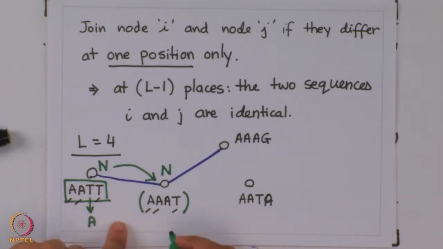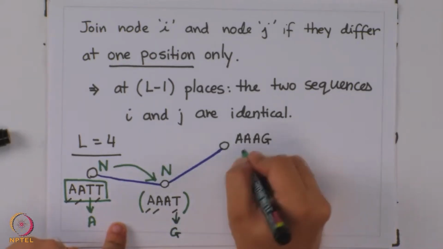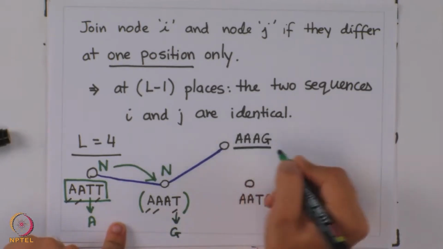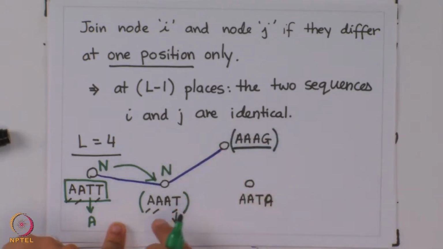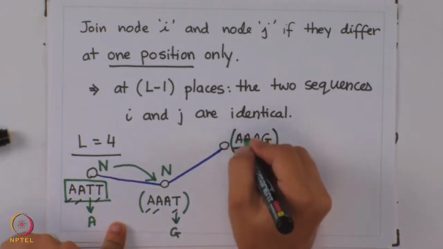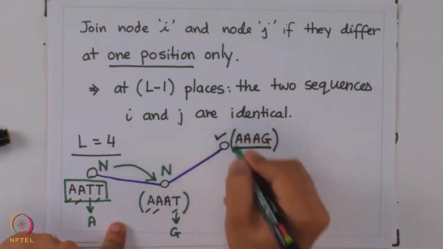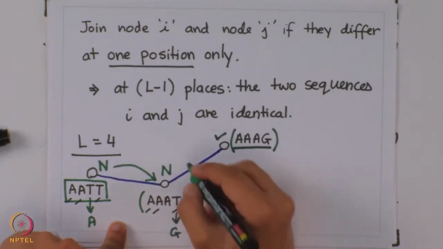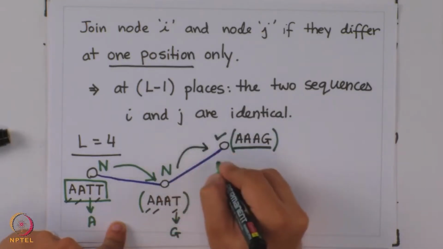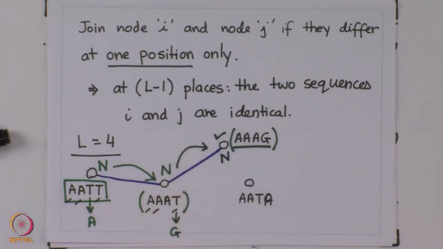But what happens if now this T changes to a G? Now what that means is we have a mutant which is of this genotype, and if this genotype grows faster than this genotype, then the mutant which has come at this place is going to be able to outcompete everybody here, and then the entire population moves towards this node.